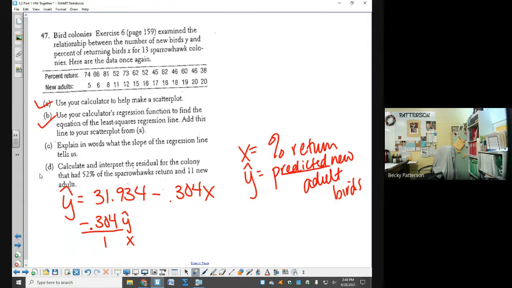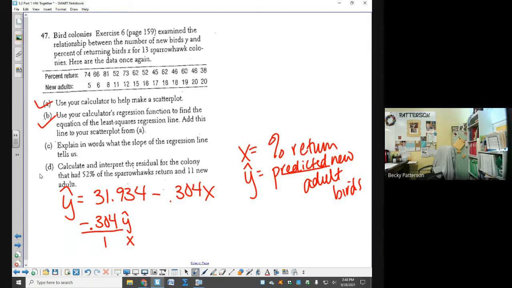Percent return. Yes, for every 1% return. Y'all see how that makes sense? For every 1% return, the predicted new adult birds will decrease by 0.304 birds.